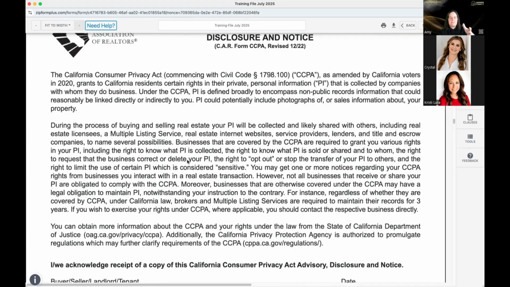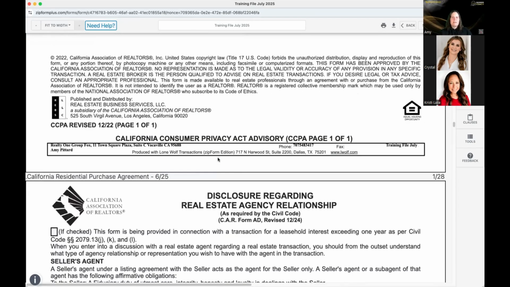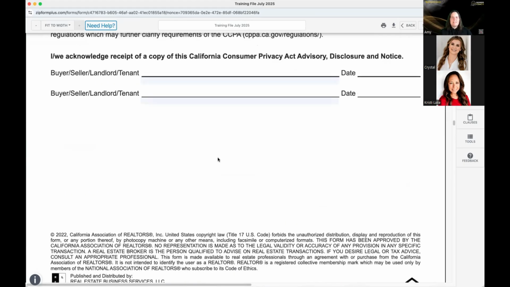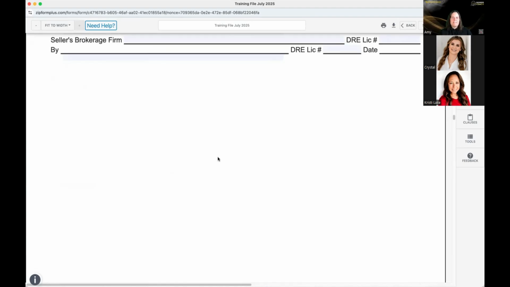We can say we don't want them out there after the close of escrow, but it's hard to pull things back on the internet that already exist. So we could have a discussion with them about what becomes public knowledge or what stays out there after the close of escrow. And that's the end of the things that you'll find attached to your BRBC.